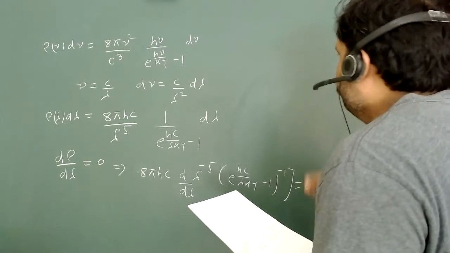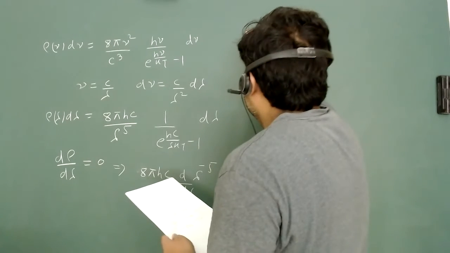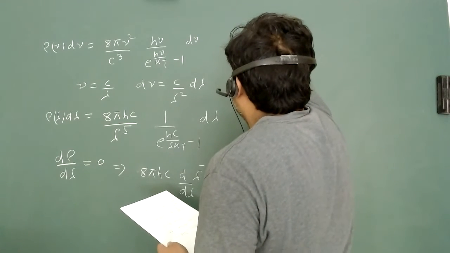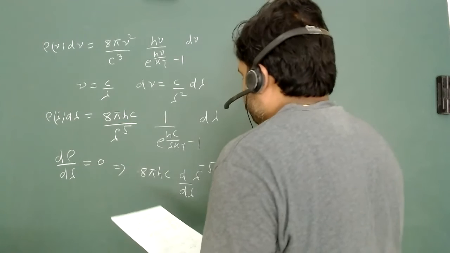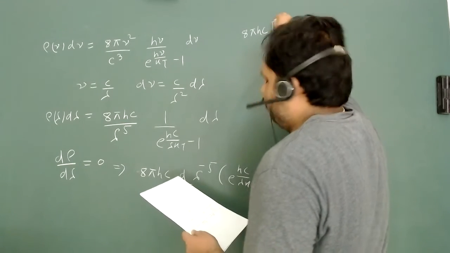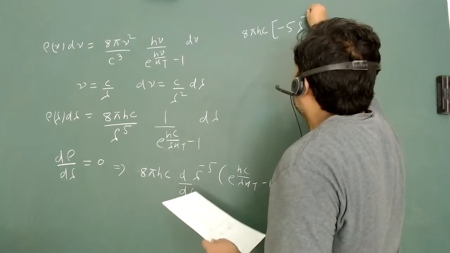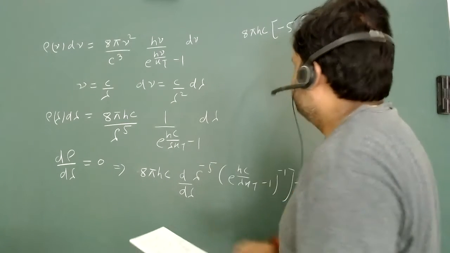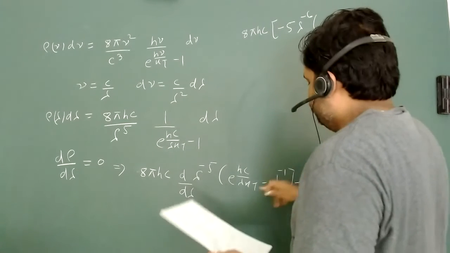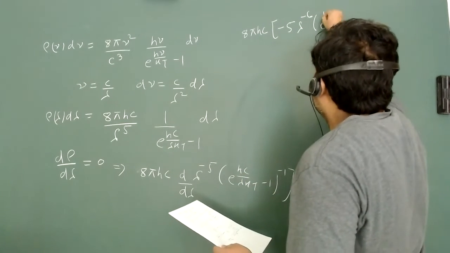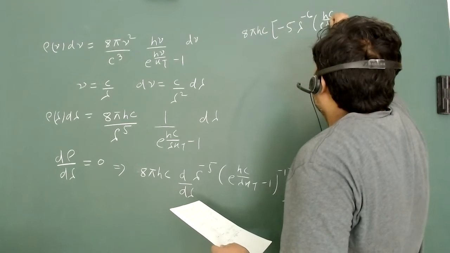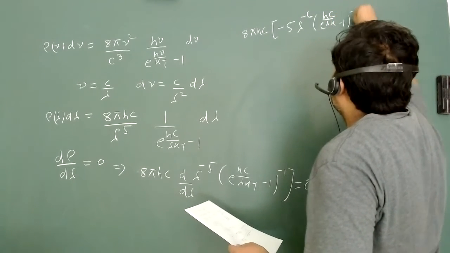When differentiating, I can take 8 pi hc as common, and inside the bracket we have minus 5 lambda to the power minus 6. We differentiate this term keeping the exponential part e to the power hc upon lambda kT minus 1 constant.